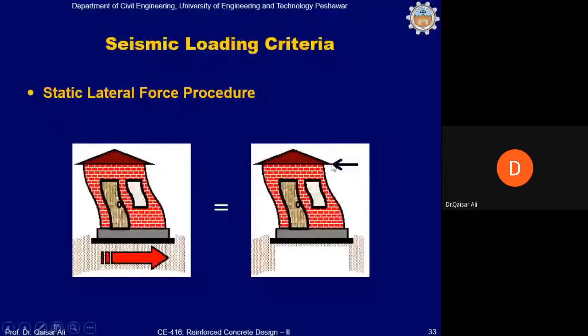Okay, so you can see that we can push at the base and apply a force at the top, at the roof level, and produce almost the same effect.